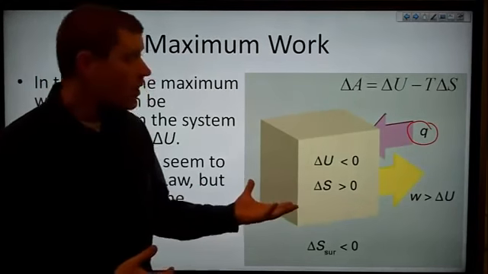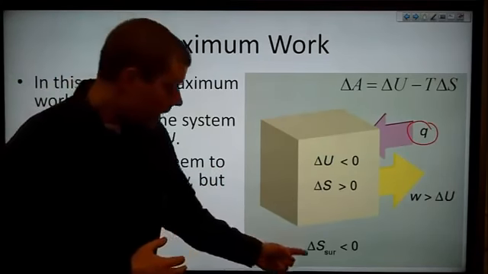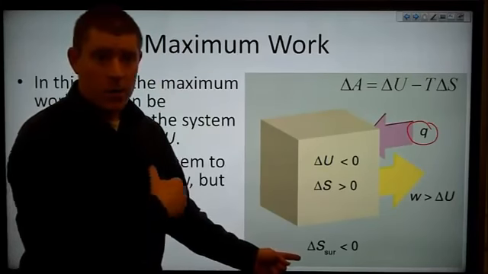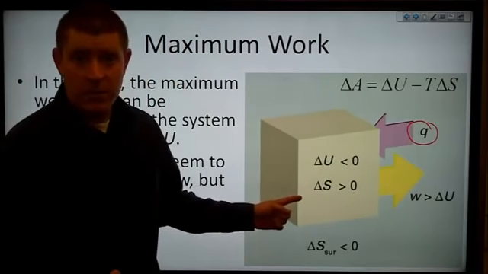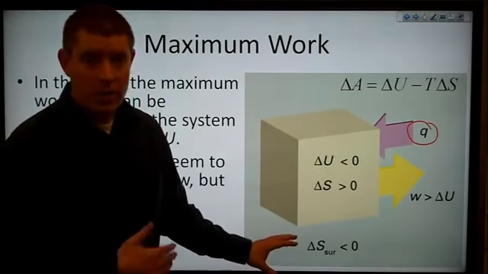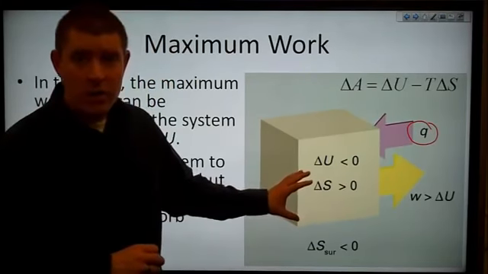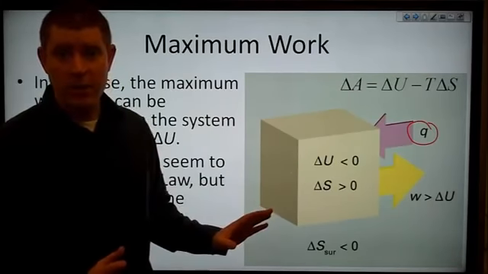Now we can only do that up until the point where the change in entropy of the surroundings is just as negative as the change in entropy of the system is positive. Once the change in entropy of our surroundings becomes a larger negative value than the change in entropy of the system, now the process will no longer be spontaneous.